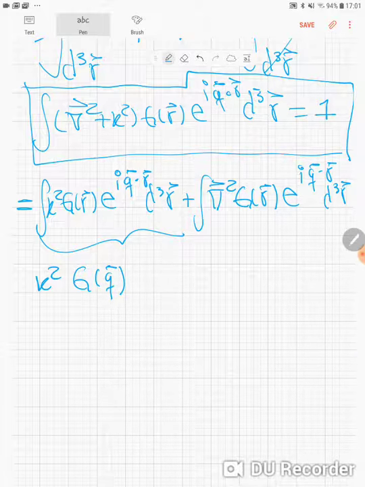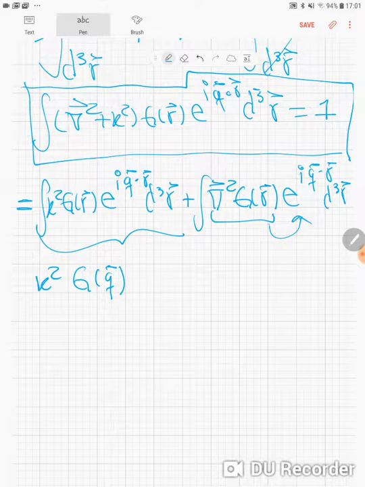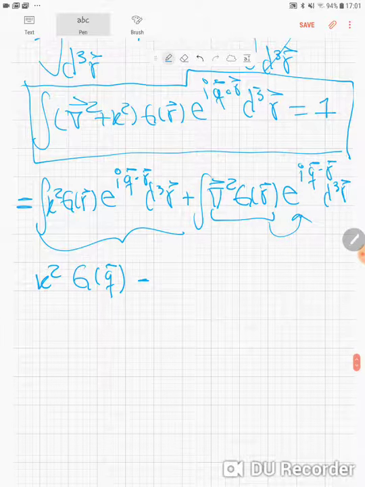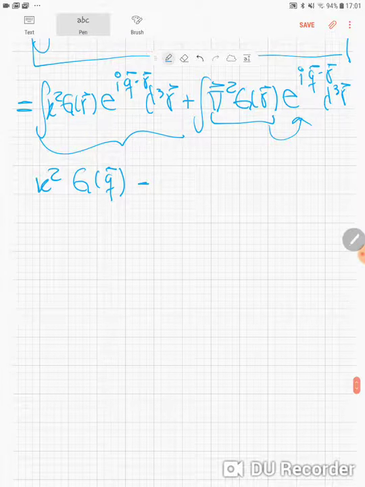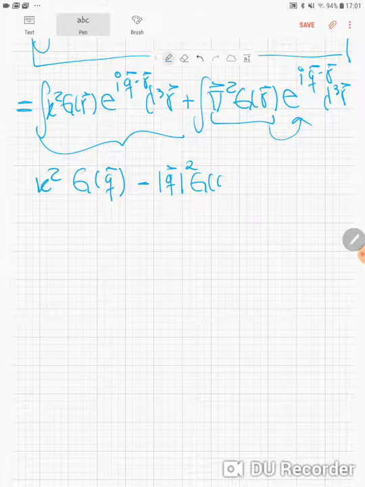Okay, and then this is not exactly the Fourier transform, but if you use integration by parts and exchange this Laplacian, instead of having the Laplacian on G, you have the Laplacian on the e to the i q dot r. So then you will end up with something like minus the absolute value of q square times G of q.